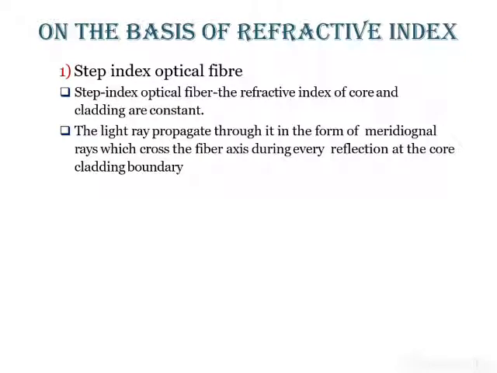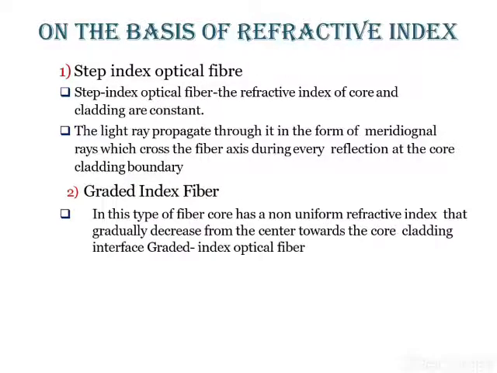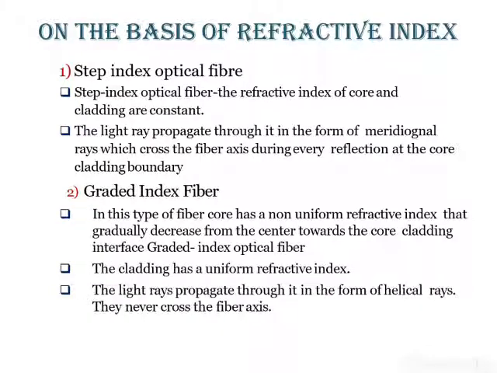The light ray propagates through it in the form of meridional rays, which cross the fiber axis during every reflection at the core cladding boundary. Second, graded index optical fiber. In this type of optical fiber, the core has non-uniform refractive index that gradually decreases from the center towards the core cladding interface. The cladding has uniform refractive index. The light rays propagate through it in the form of helical rays. They never cross the fiber axis.